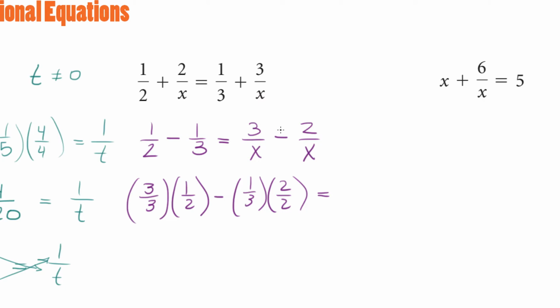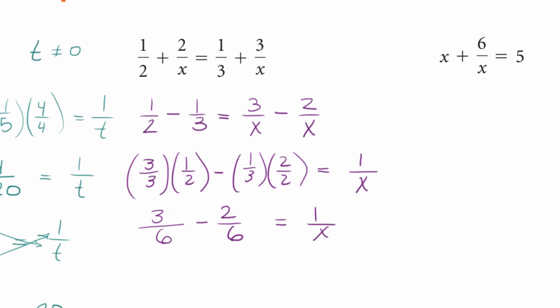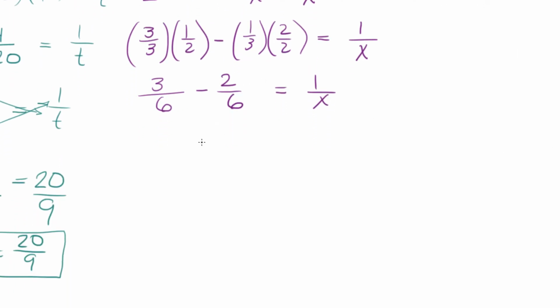So the only thing we need to do is subtract the numerators, and 3 minus 2 is 1. So, 3 over 6 minus 2 over 6 equals 1 over x. 3 minus 2 is 1, so 1/6 equals 1 over x.